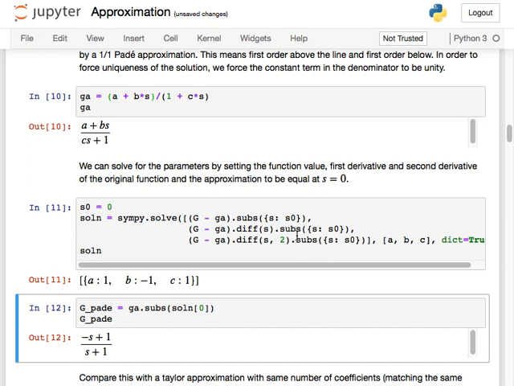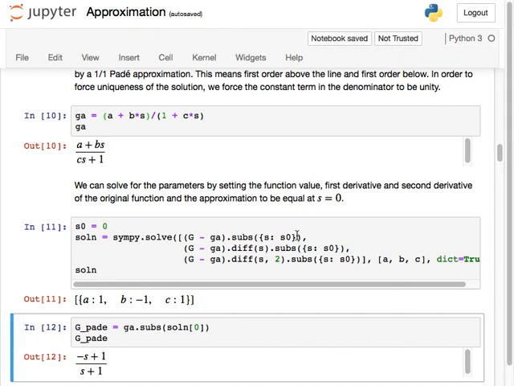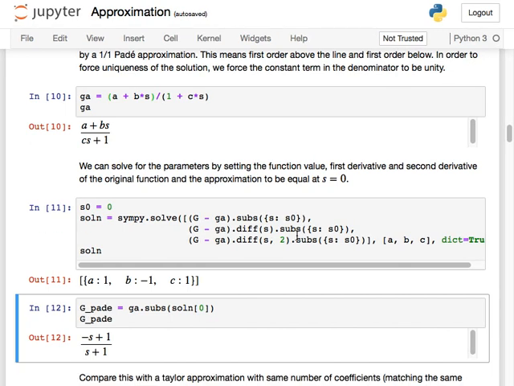Because I've got those three equations, in other words, the function values must be equal, the derivatives must be equal, and the second derivatives must be equal, and I happen to have three parameters, a, b, and c, I can easily solve for a, b, and c. And so that's really straightforward.